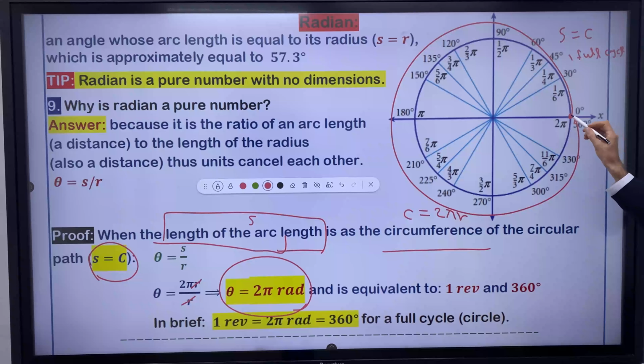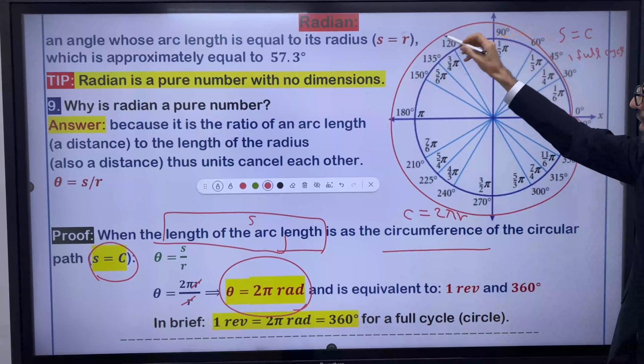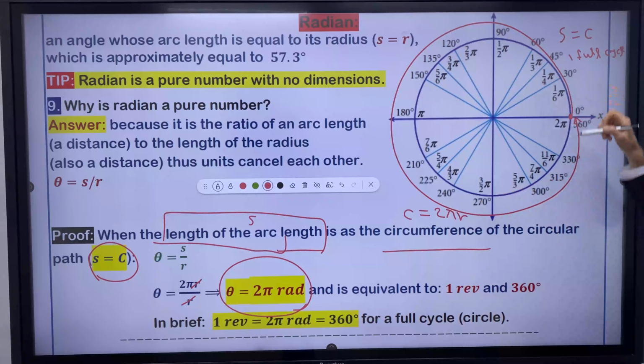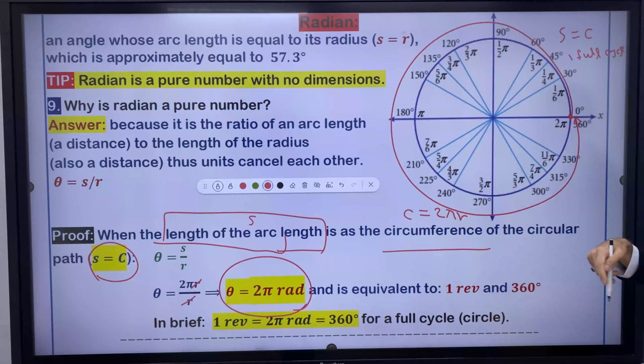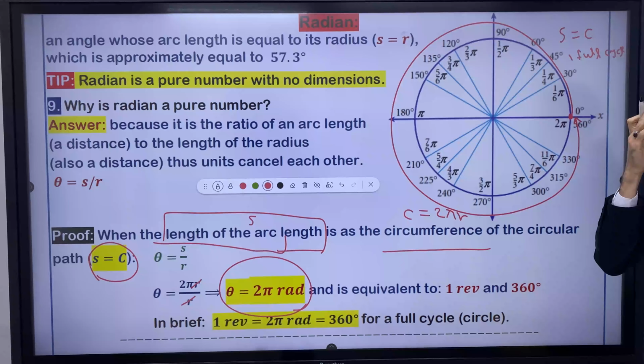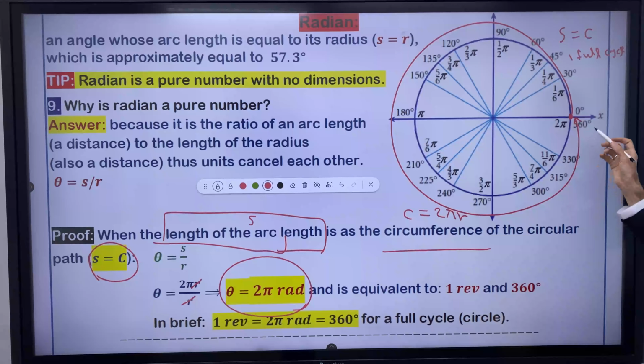You start from the reference line, the zero level reference line, and you travel the whole circle and return to the original position. How much is the degree for this path? What's the value of the angle of rotation? Actually, the angle of rotation is 360 degrees.